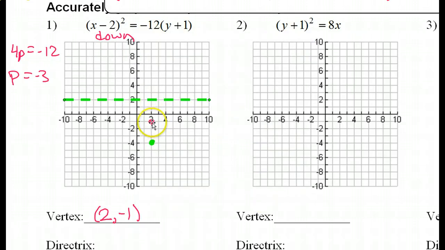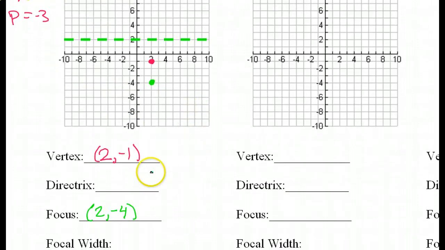So I've got my focus and my directrix, and I just need 2 more points to finish this graph off. By the way, horizontal lines always have equations y equals a number. It's at 2, so the directrix is y equals 2.